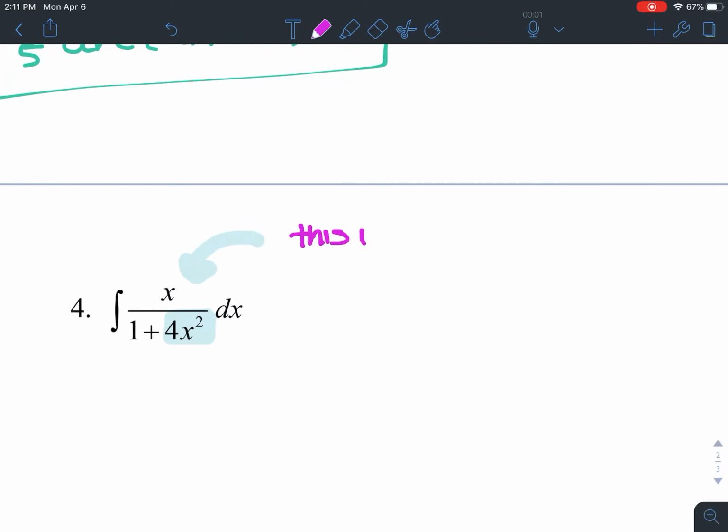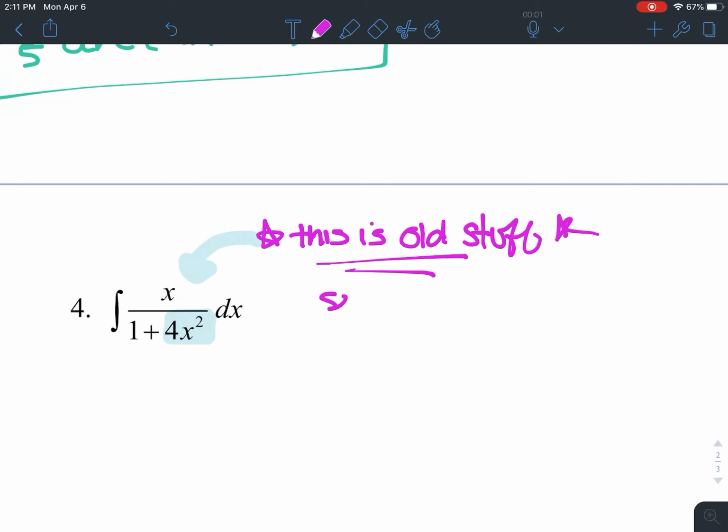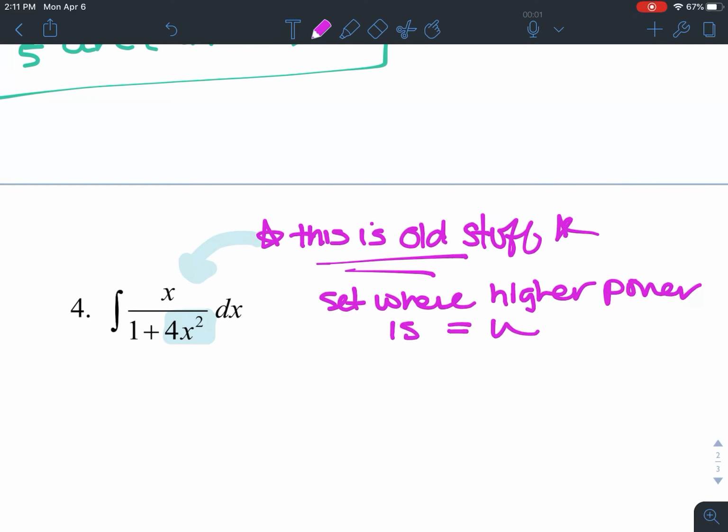This is old stuff. Wherever your higher power is, my higher power is in the denominator. Set wherever your higher power is equal to u.